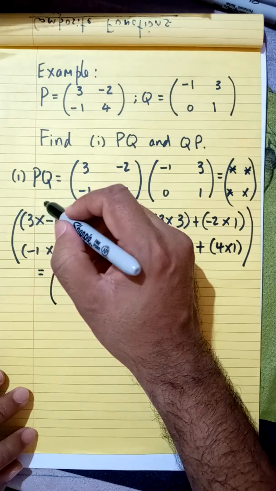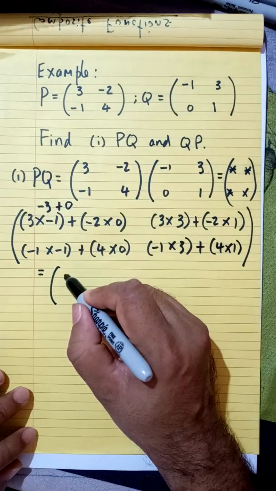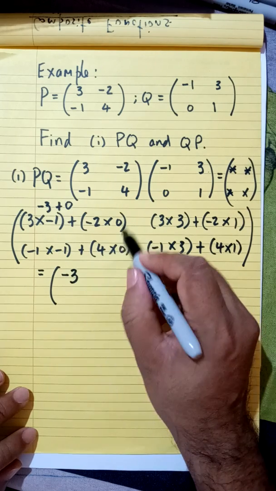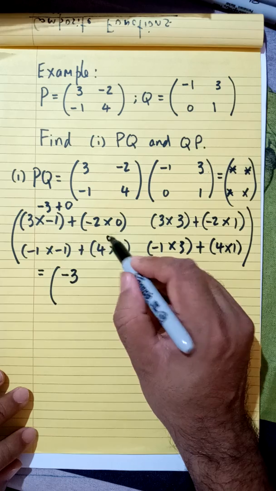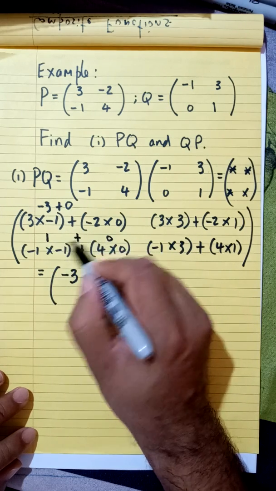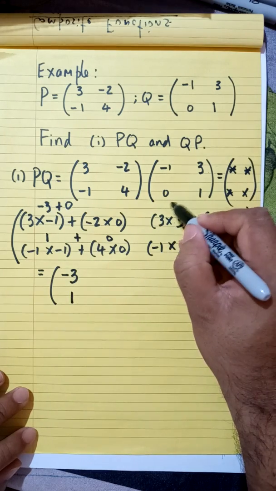So this will give us -3 plus 0, and -3 plus 0 is just -3. 4 times 0 is just 0. -1 times -1 is +1. 1 plus 0 is 1. 3 times 3 is 9.